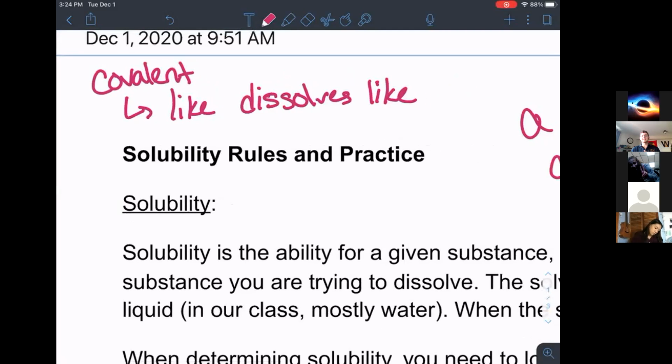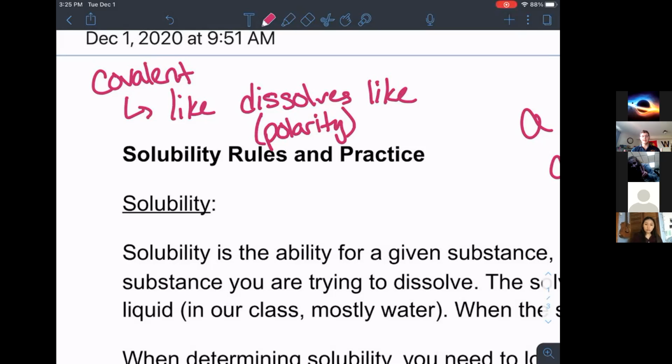And so when I say like dissolves like, that's specifically about polarity and the fact that nonpolar molecules will dissolve other nonpolar molecules. Polar molecules are going to dissolve polar molecules, but we're not going to really see a whole lot of nonpolar molecules dissolving polar molecules. It's not going to happen as easily, which is why we can say that like dissolves like for covalent compounds.